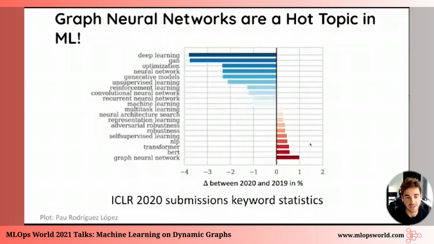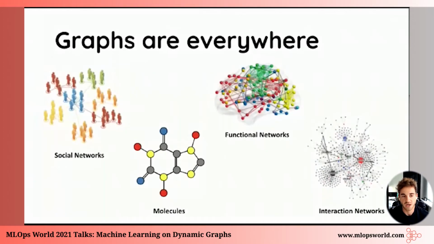The reason is quite simple. Graphs are everywhere, or rather, graphs can be used to model a lot of real-world scenarios. Here I only have a few examples. The first one on the left is a social network, which is clearly relevant to me working at Twitter.